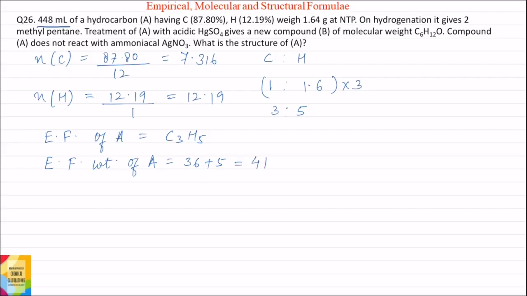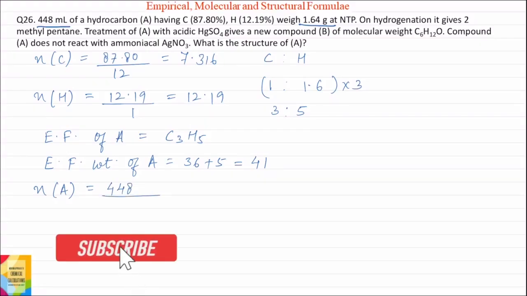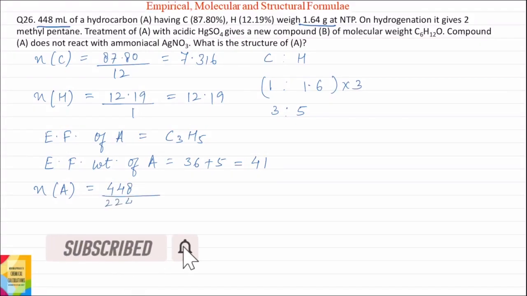Now the volume of A is given and the weight of A is given, so moles of A will be equal to volume, that is 448, divided by molar volume, that is 22,400 milliliter.